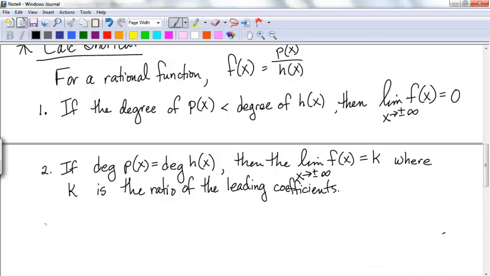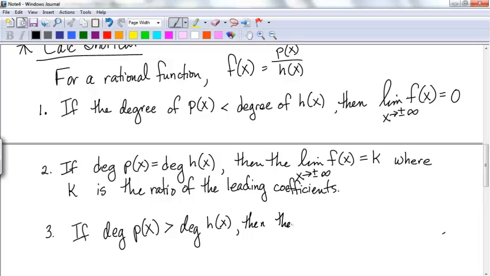Okay, and then the third one, if the degree of p of x is greater than the degree of h of x, then the limit of f of x as x approaches positive or negative infinity is positive or negative infinity.